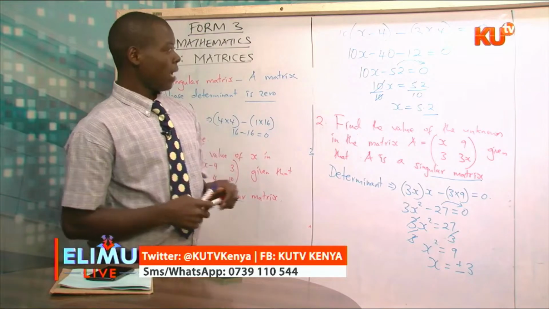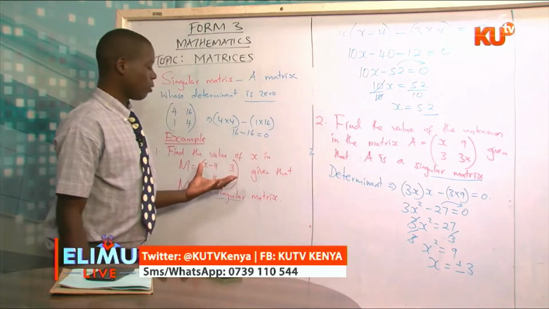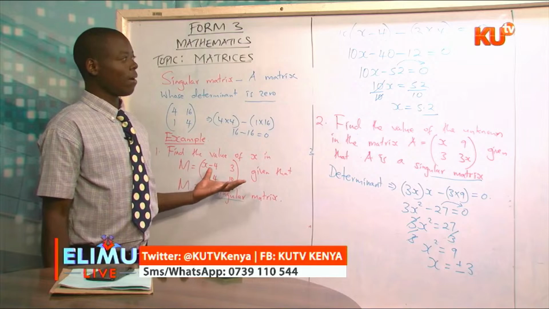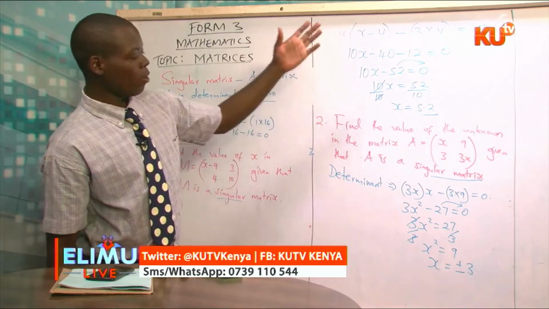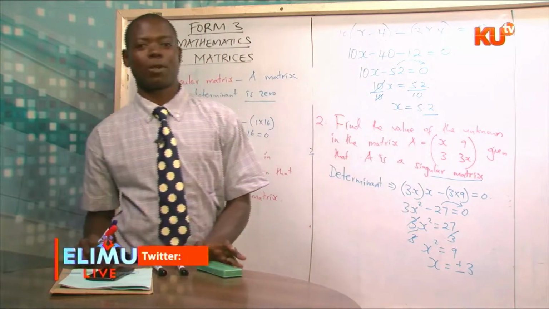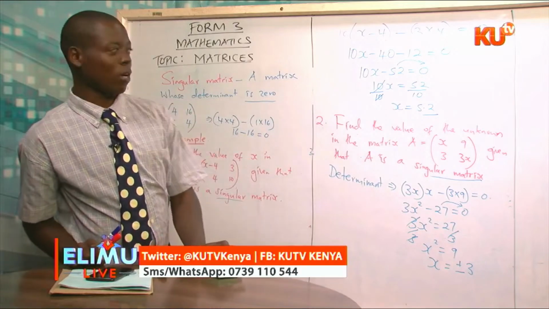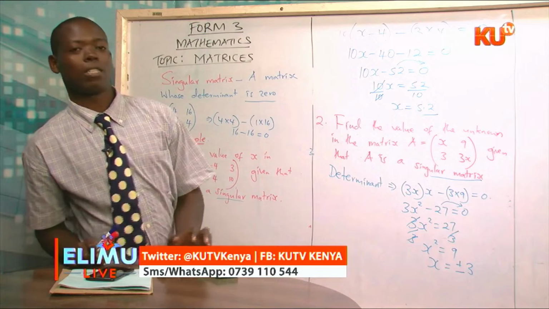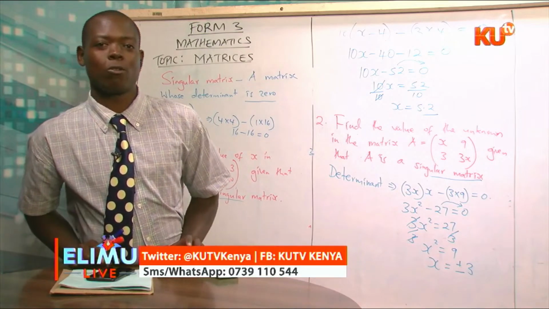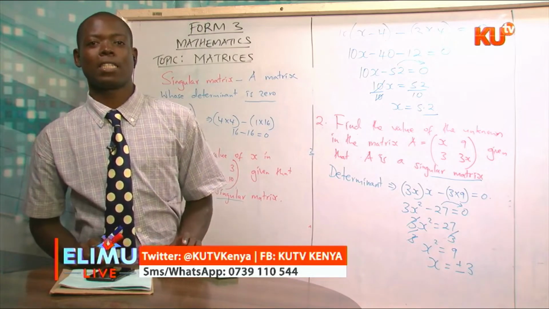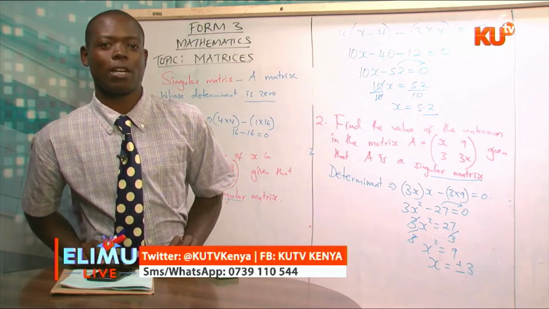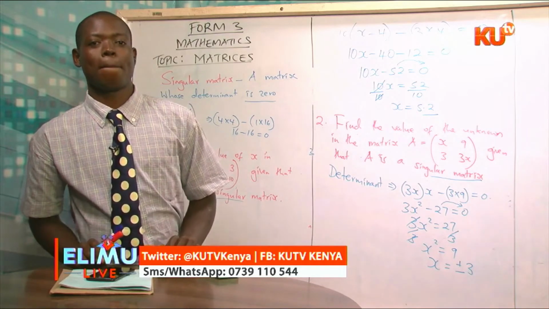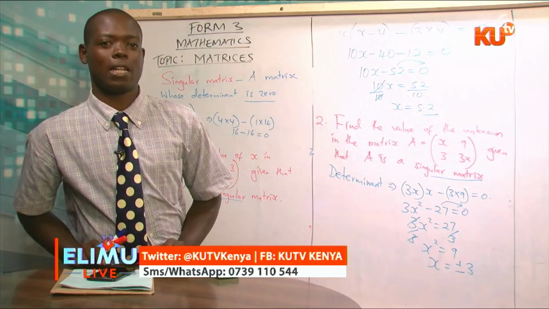That is to imply that you will either have a situation where you have a linear equation, or you'll end up with a quadratic equation. Be able to know how to work it out. At the end of it all, the main thing is understanding how to determine the determinant of a matrix, which is simply the product of elements in the leading diagonal minus the product of elements in the other diagonal.